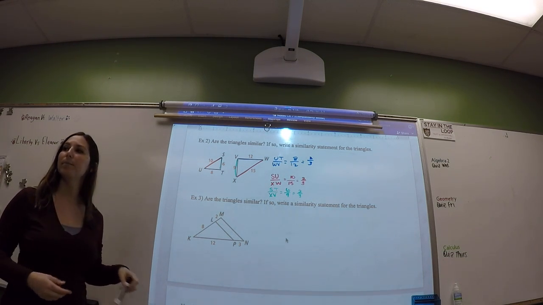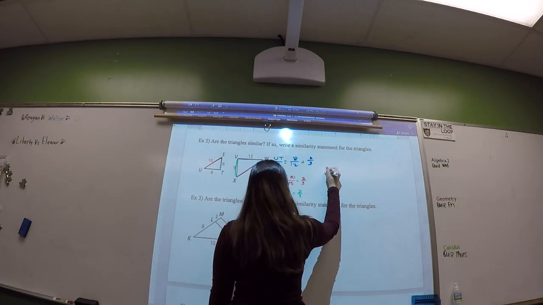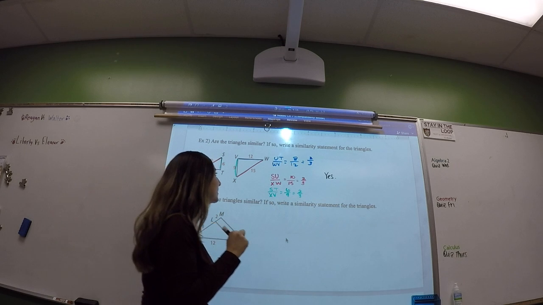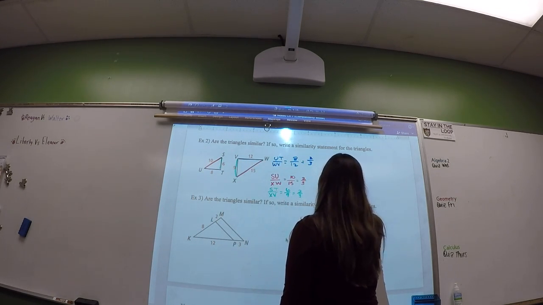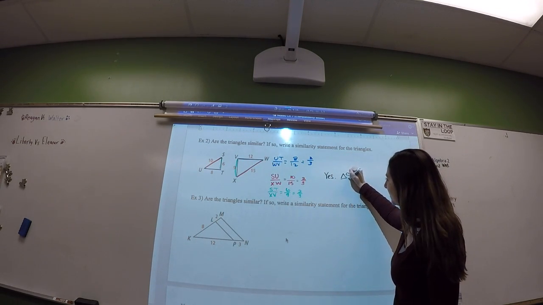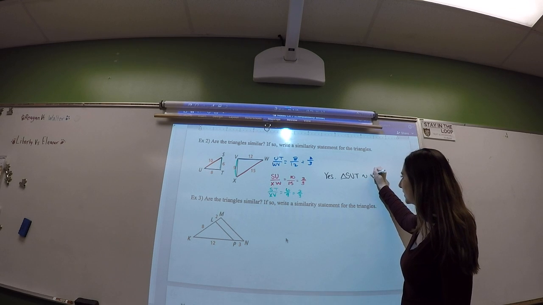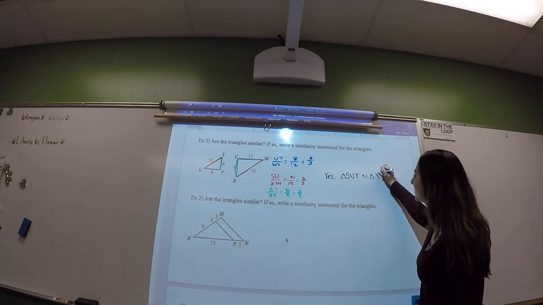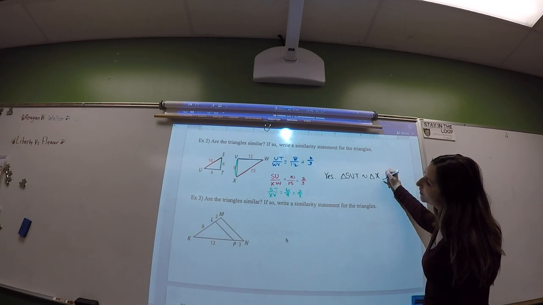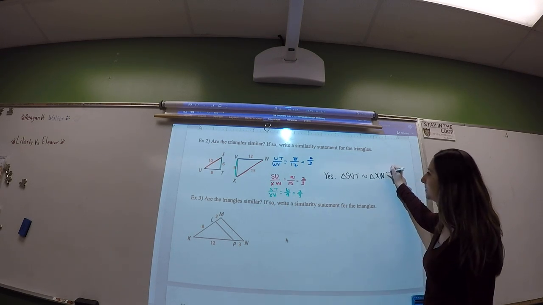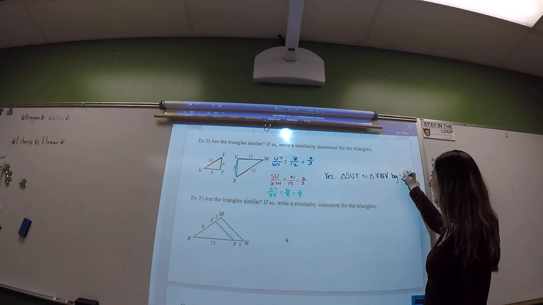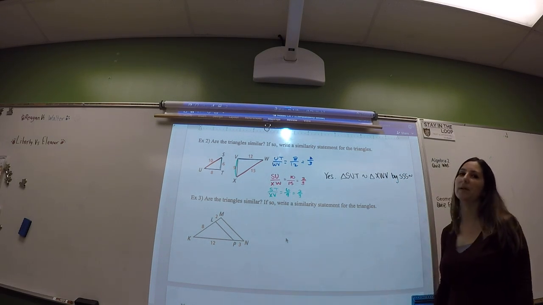So are they similar? Yes. Our similarity statement is going to be triangle SUT is similar to triangle XWV, by the side-side-side similarity theorem.